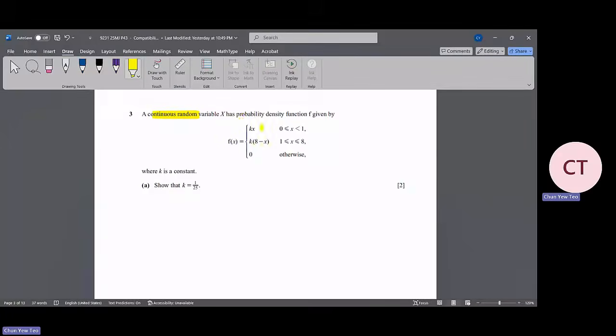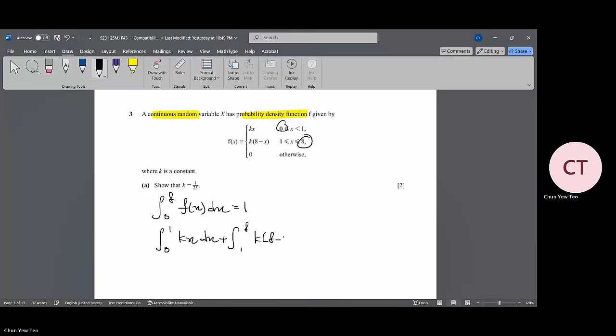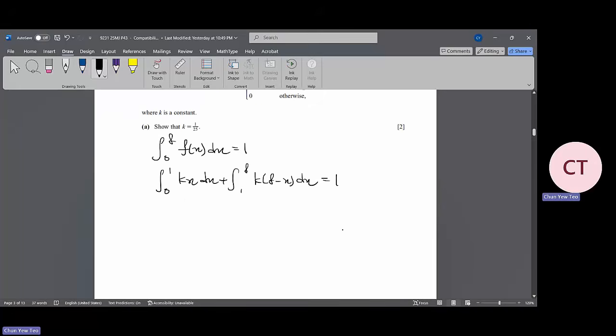The random variable X has a PDF given as the following. These five functions over here. They say that k is a constant and they want to show that k is 1 over 25. So we know that integrating from 0 until 8 gives 1. That means we integrate 0 to 1 of kx, plus integrate 1 until 8 of k(8 minus x), dx, and it will be equal to 1. So we can integrate them one by one.